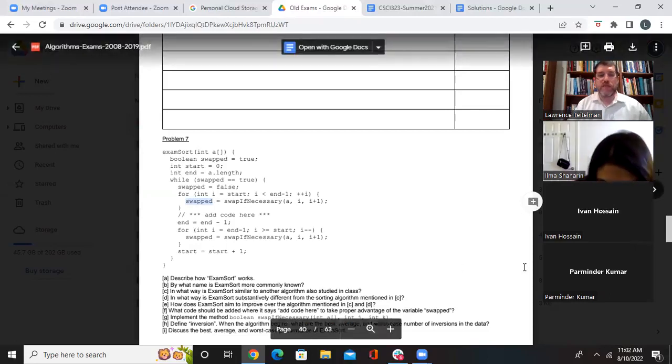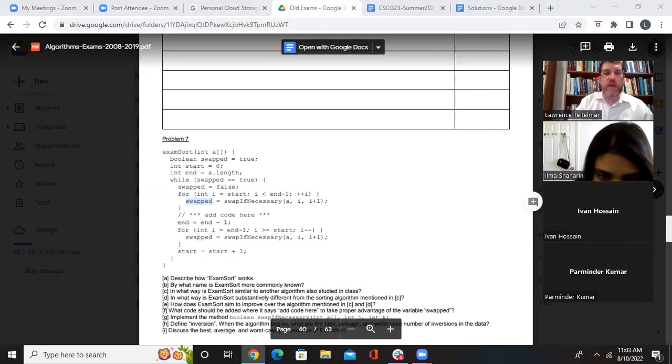So it depends on how swap if necessary is implemented, but I would say swapped equals swapped or swap if necessary.